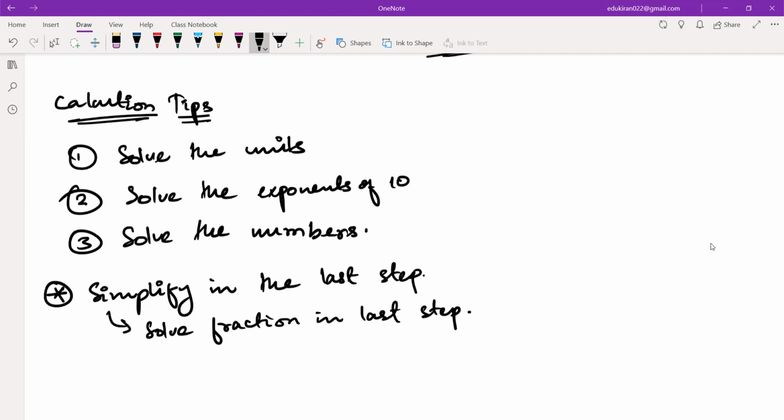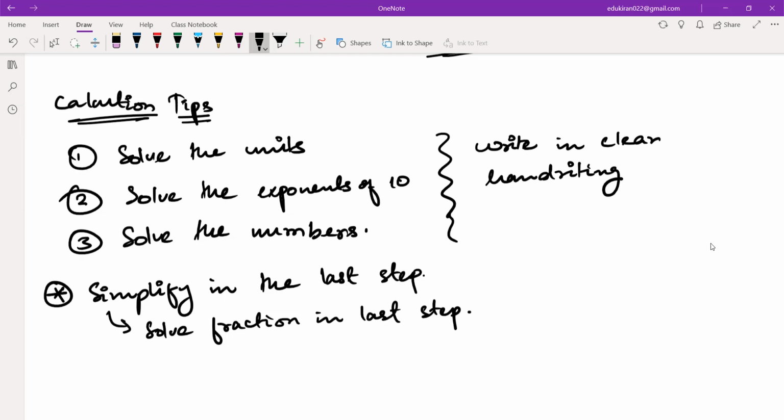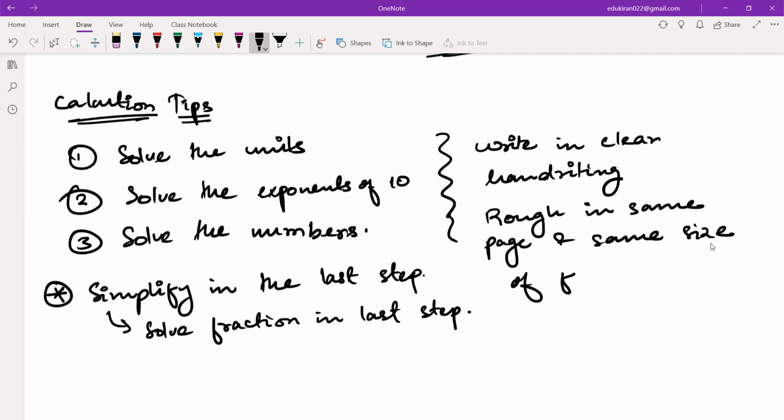Now, one thing goes without saying: write in clear handwriting. Another thing is that you should do the rough work on the same page, and in the same size of font.